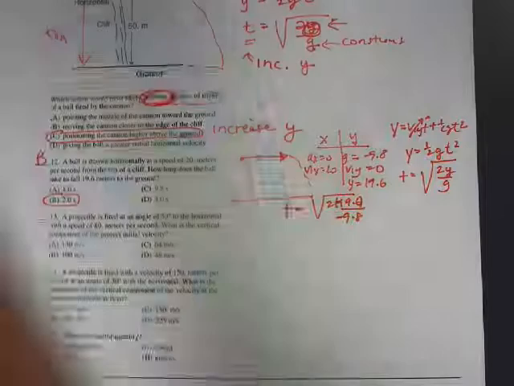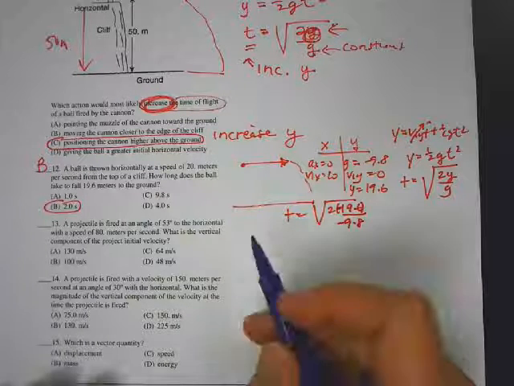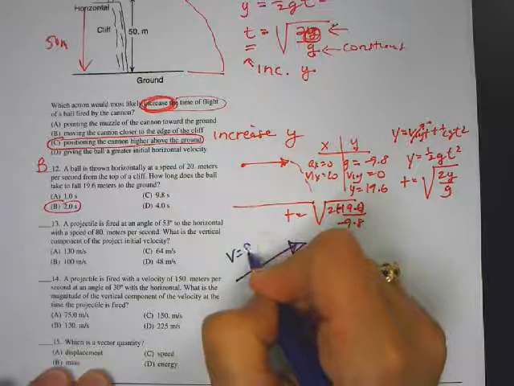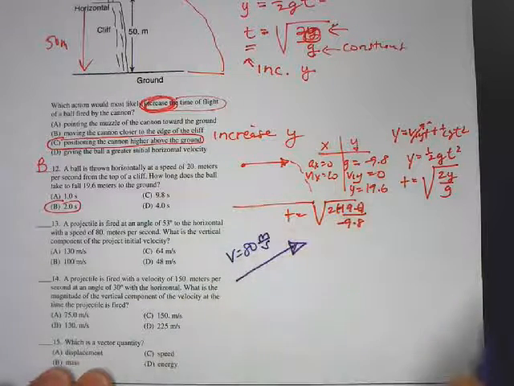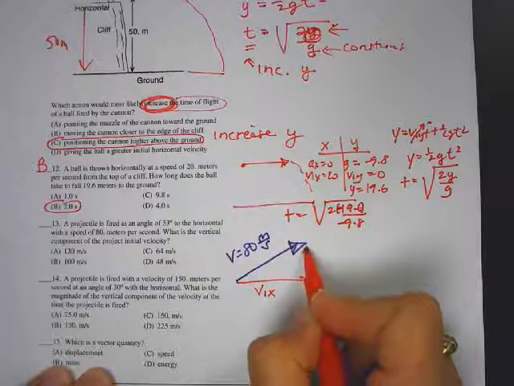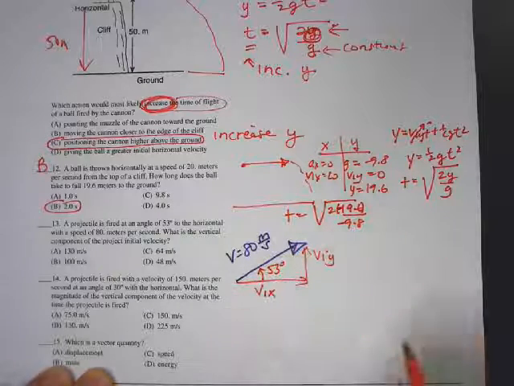All right, number 13. It says a projectile is launched at an angle of 53 degrees to the horizontal with a speed of 80. What is the vertical component? So here's my vector. This V is equal to 80. I know that my horizontal and vertical components look like this, VIX and VIY, and this angle here is 53. It says, what's the vertical?